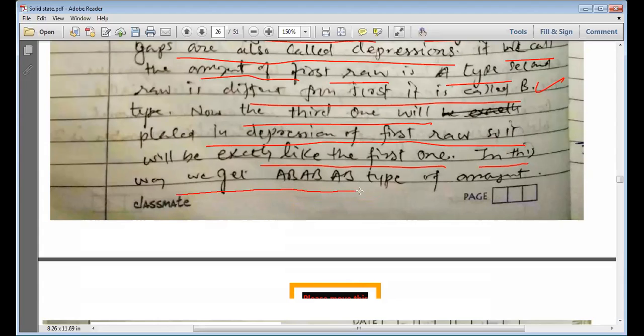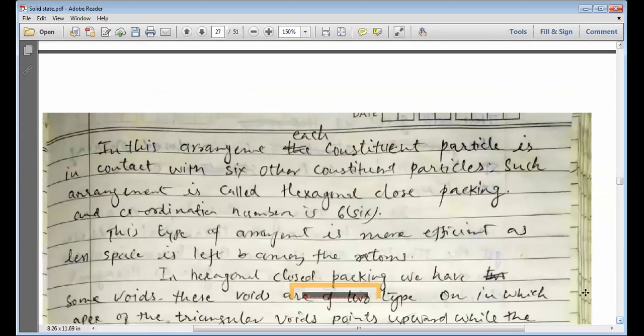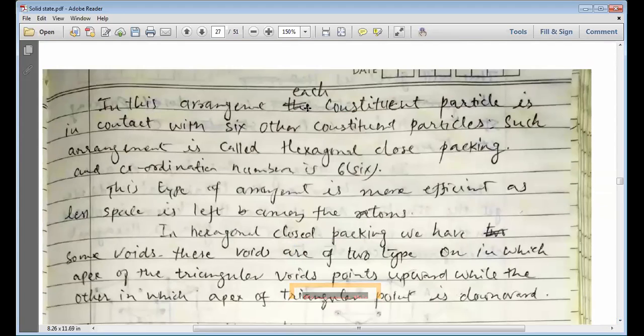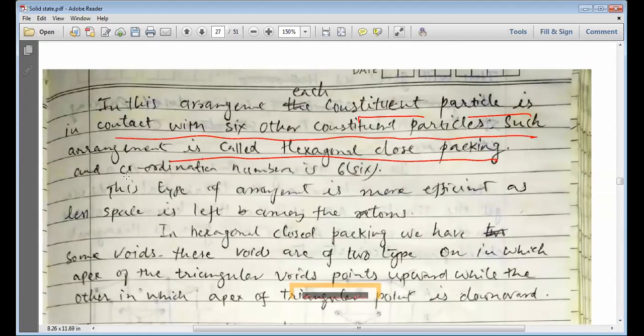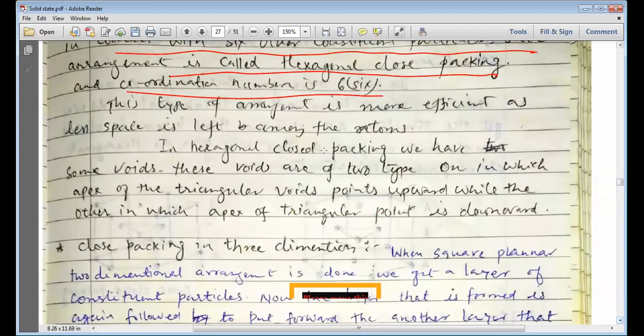This is how we get AB, AB, AB type of arrangement. In this arrangement, each constituent particle is in contact with six other constituent particles. Such arrangement is called the hexagonal close packing, and the coordination number in hexagonal close packing is 6.